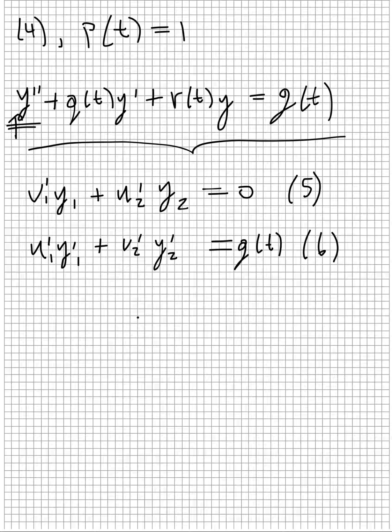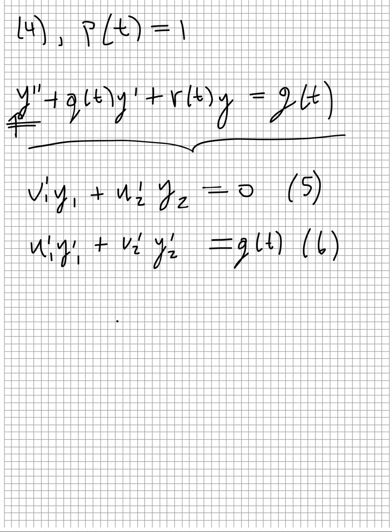Note that in this system, we know the two solutions, and so the only unknowns here are u prime 1 and u prime 2. So solving the system is actually quite simple. First, we solve equation 5 for u prime 1 and plug this into equation 6 to do some simplification.